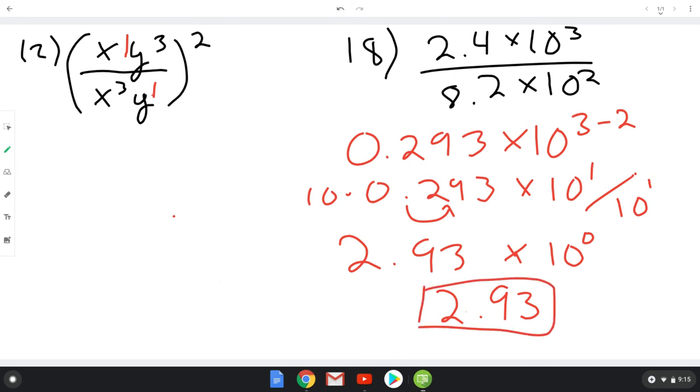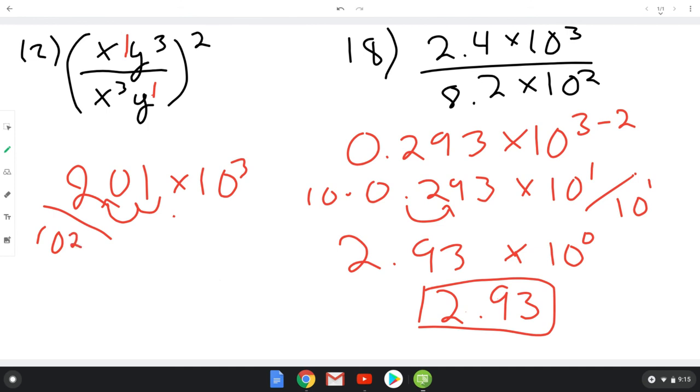Now, if I had wanted to move my decimal to the left, like say I had 201 times 10 to the third, and I wanted to move my decimal to the left instead of the right, then that would be like dividing by 10 to the 2. So over here, I'd have to multiply by 10 to the 2. So I would be adding the exponents.